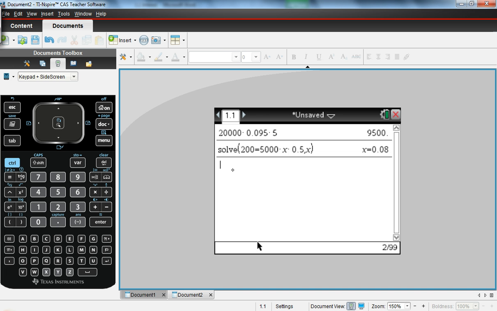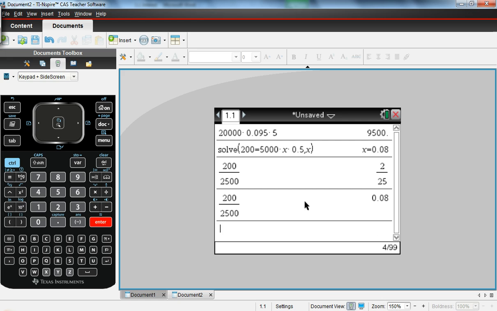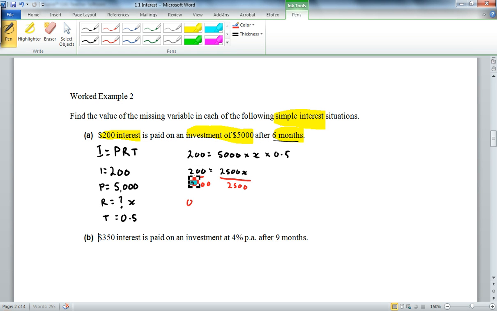Alright, and if I got my calculator and went 2,500 divided by 200, actually no, it's the other way around, isn't it? 200 divided by 2,500, 0.08 is equal to X. Alright, now 0.08 is equal to X, that is converted into a percentage, is going to be 8%.